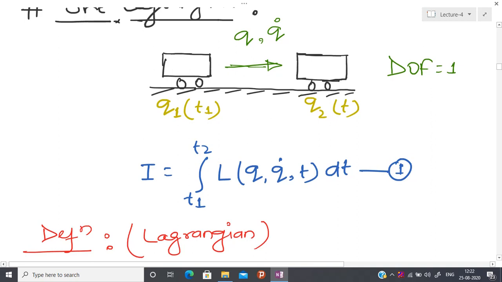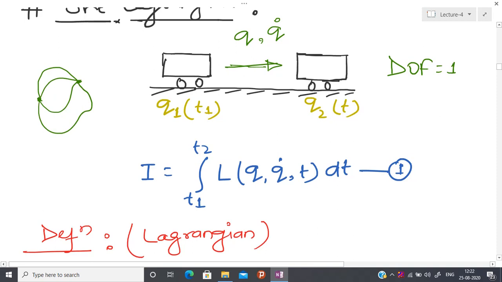now what I am going to do, suppose I have some object and I have two positions. From here to here, I can move in different ways. Either I can move like this, like this, or like this, in several different ways.